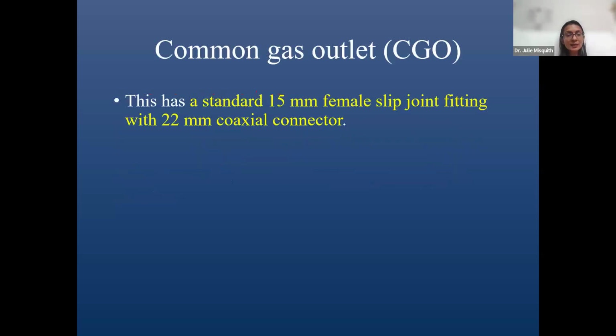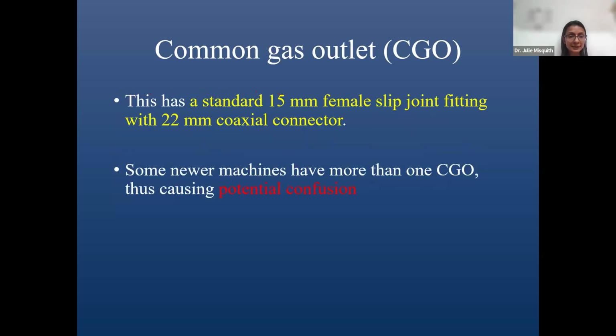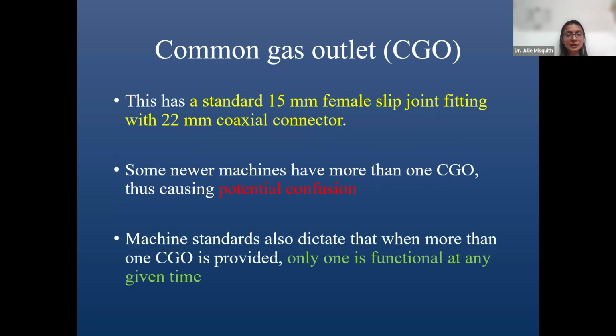The ASTM standards require that it should be difficult for the delivery hose to be disconnected from the common gas outlet, and hence they have the standard 15 mm female slip joint fitting with a 22 mm coaxial connector. The newer machines have more than one common gas outlet, and that can cause potential confusion, but the standards suggest that only one is functional at any given time.